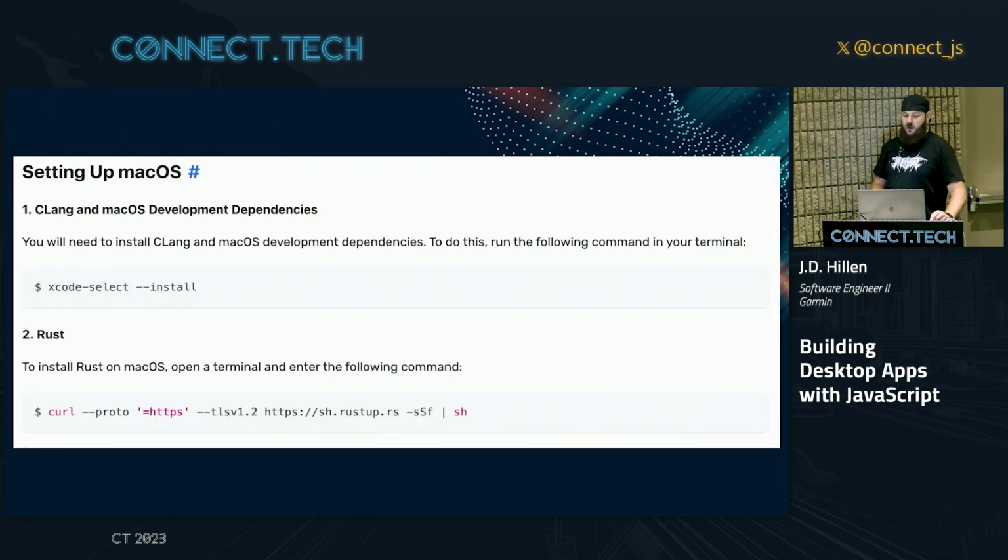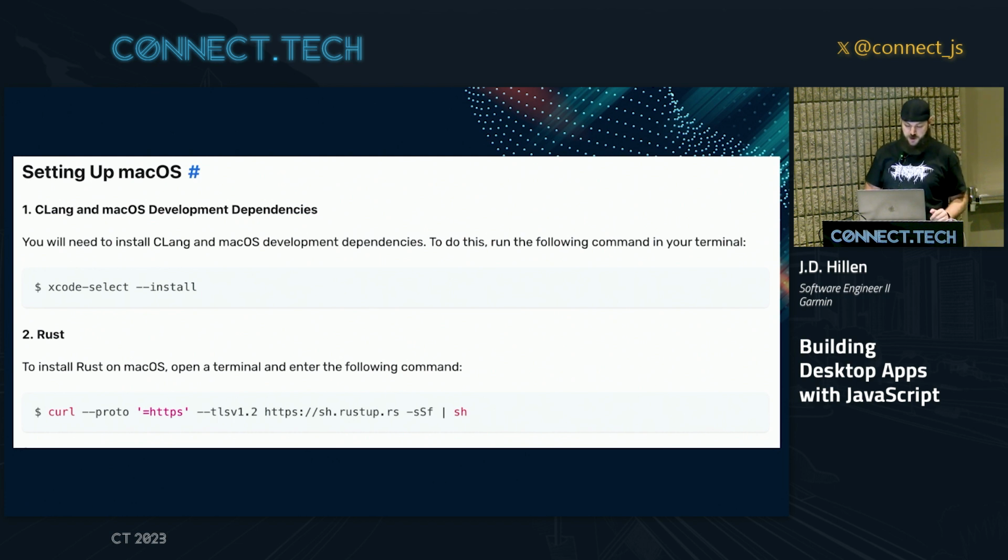The only caveat to setting up Tauri is that you have to have Rust installed, which does take some time. You do have to have all the Xcode developer dependencies installed. It does take a little bit of time, but it's not too bad.